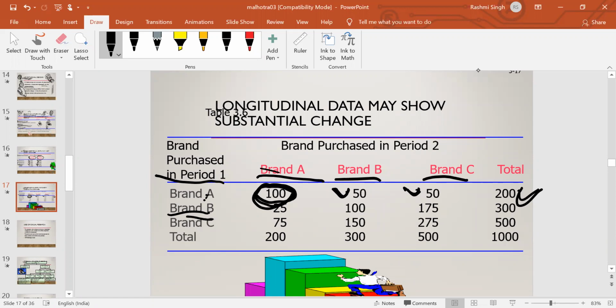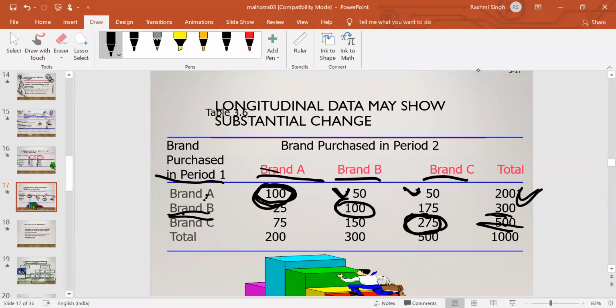Like in brand B, out of 300 times it is preferred only 100 times in period 2. Out of 500, only 275 times is brand C preferred over the other brands in period 2.